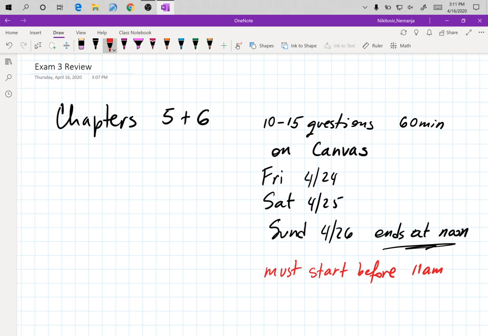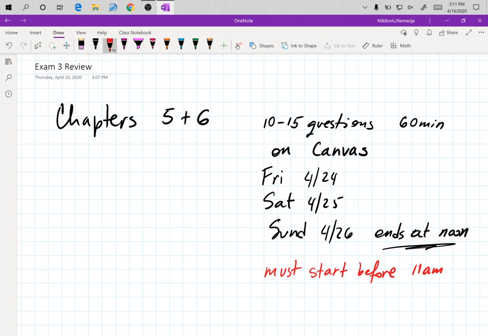If you start your exam at 11:50, you only have 10 minutes for the exam. So if you are leaving the exam for the last second, you have to start taking it before 11 a.m., because at noon it will close, and that's it.